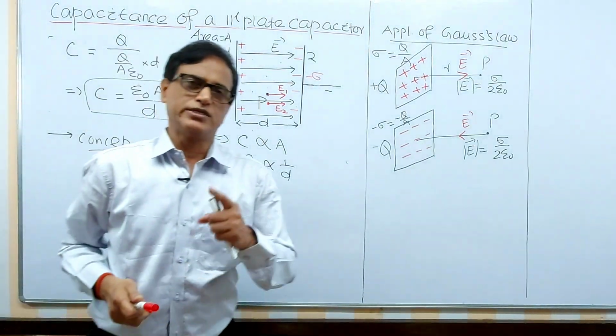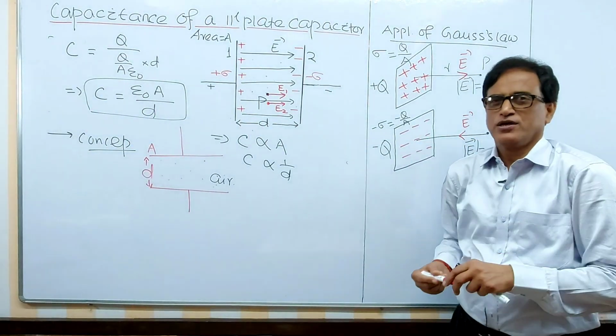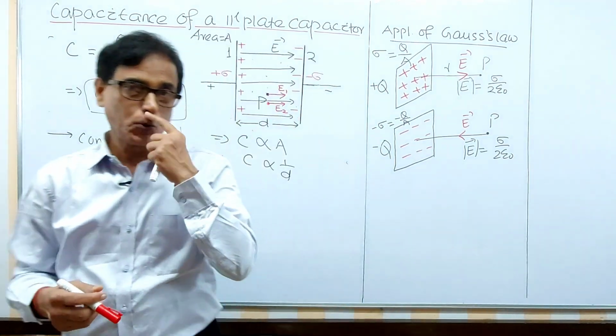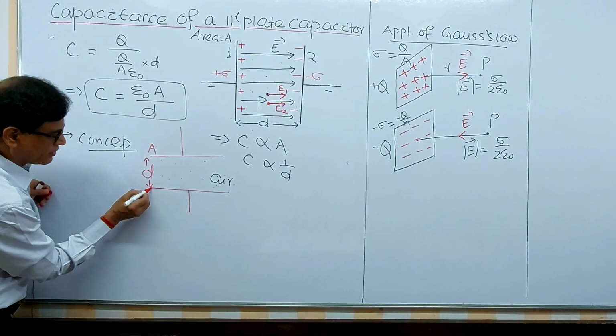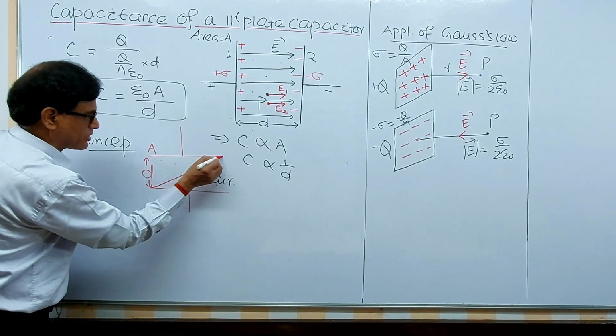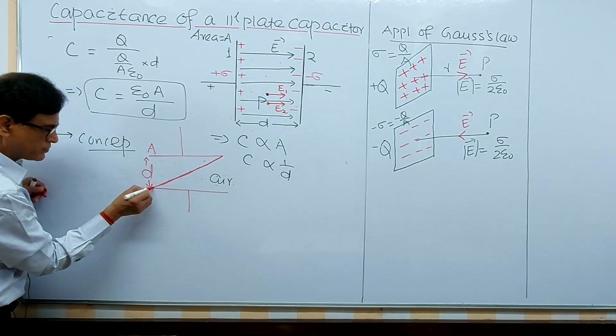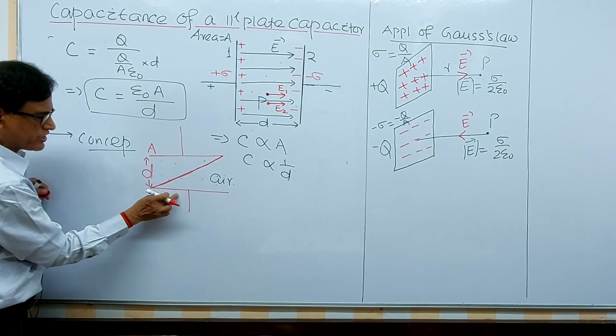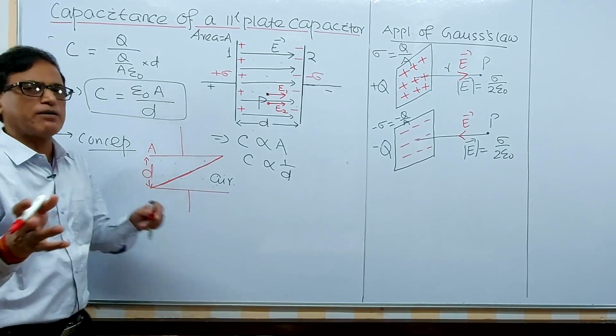You will be asked a question, and you should try to guess it. This is a conducting plate, this is a conductor, this is a conductor, and this is air. This is a capacitor.